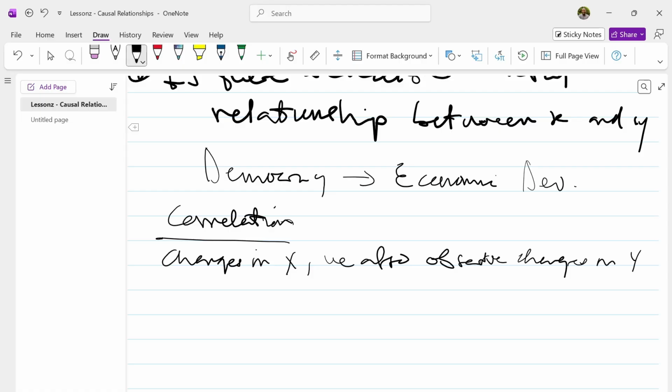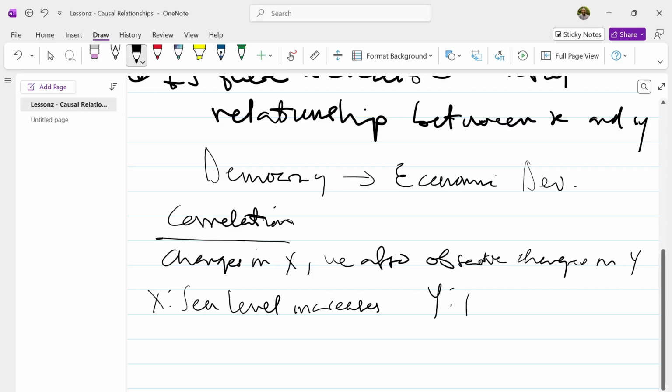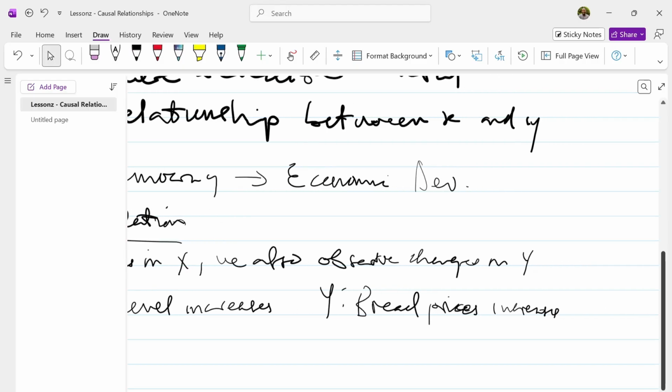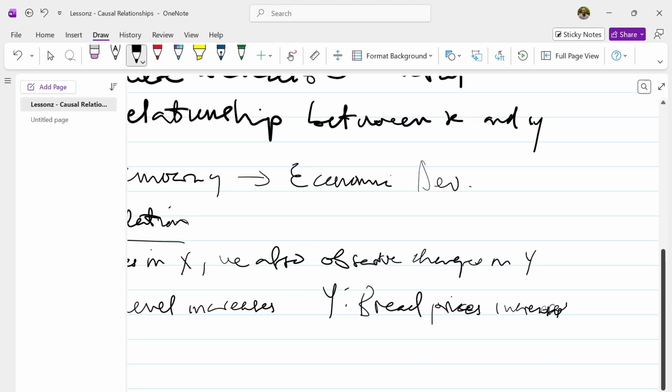So for example, anytime that sea level increases, bread prices also increase. And this is true. Anytime that sea levels increase, bread prices also increase.